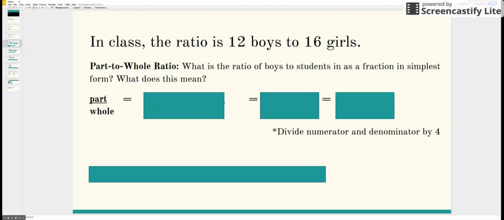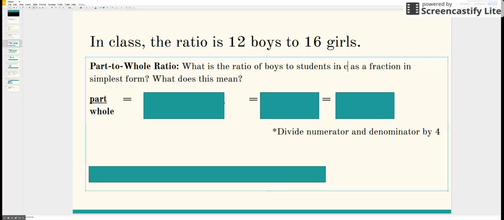In class, the ratio is 12 boys to 16 girls, so we're using the same scenario again. This time, though, we're looking for a part-to-whole ratio. What is the ratio of boys to students in class as a fraction in simplest form, and what does this mean? So we have part to whole. It's saying ratio of boys to students.